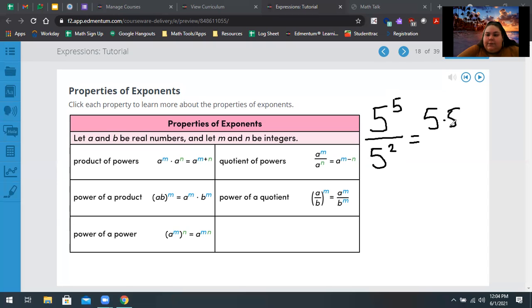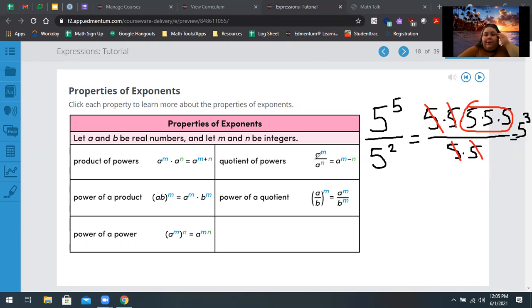So that's 5 times 5 times 5 times 5 times 5, all over 5 times 5. All I did was just expand. 5 to the 5th power is just writing 5 five times. 5 to the 2 power is writing 5 two times. And if I were to simplify this, 5 cancels out with this 5. This one cancels out with this. I'm left with at the top three 5s, or we can rewrite this as 5 to the 3rd power.